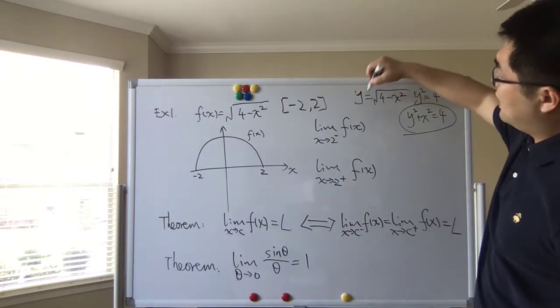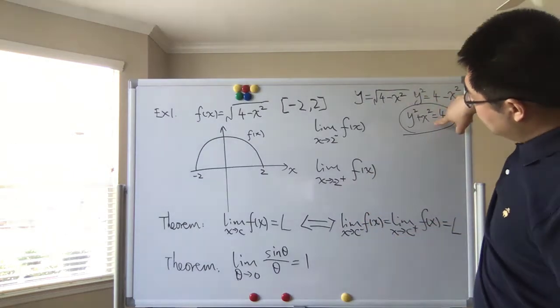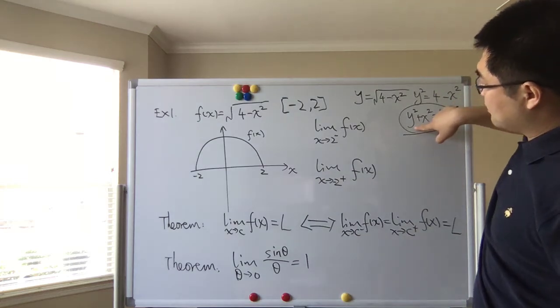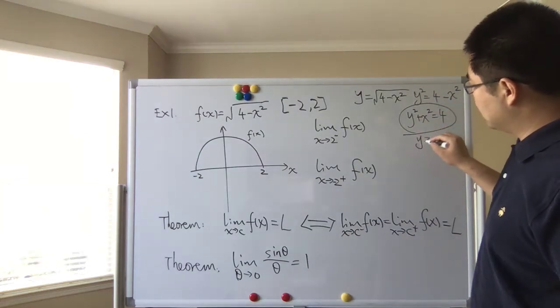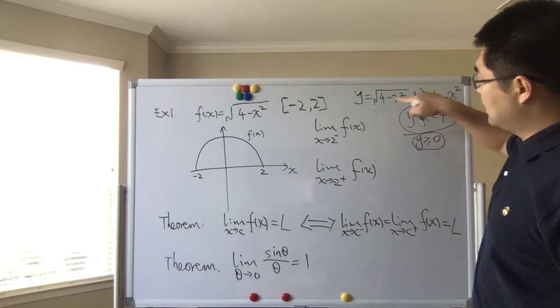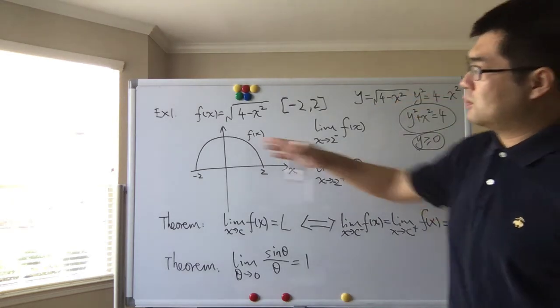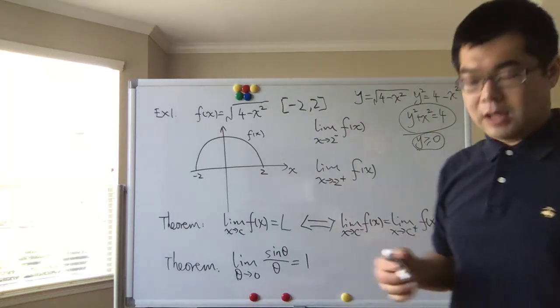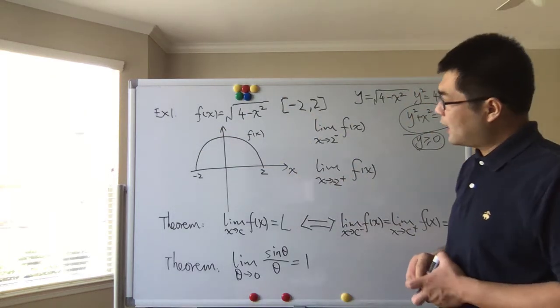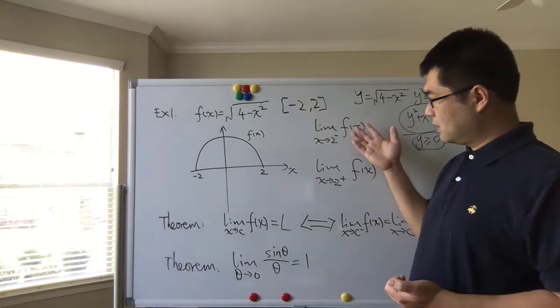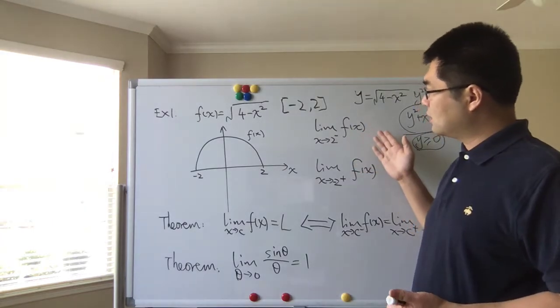But we also put the restriction that y is greater than or equal to 0. Why? Because I have a positive radical, the square root, so it's just the upper part of the circle.